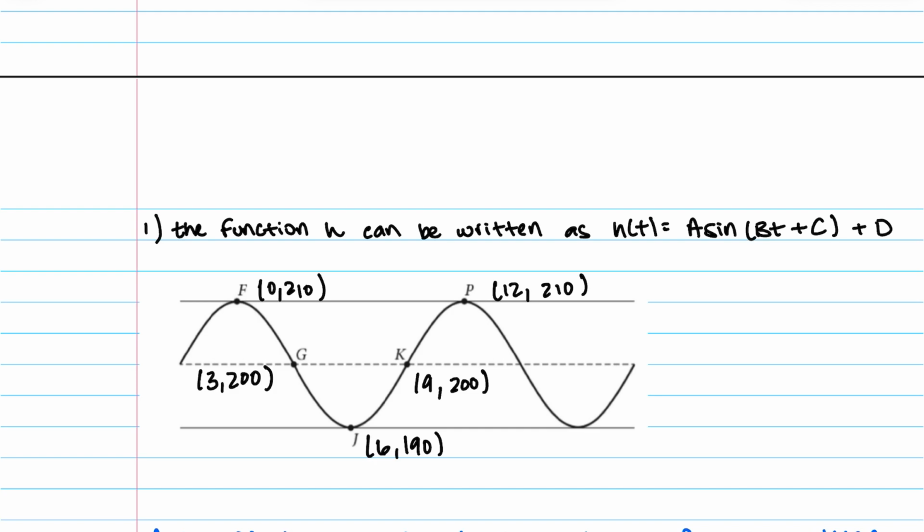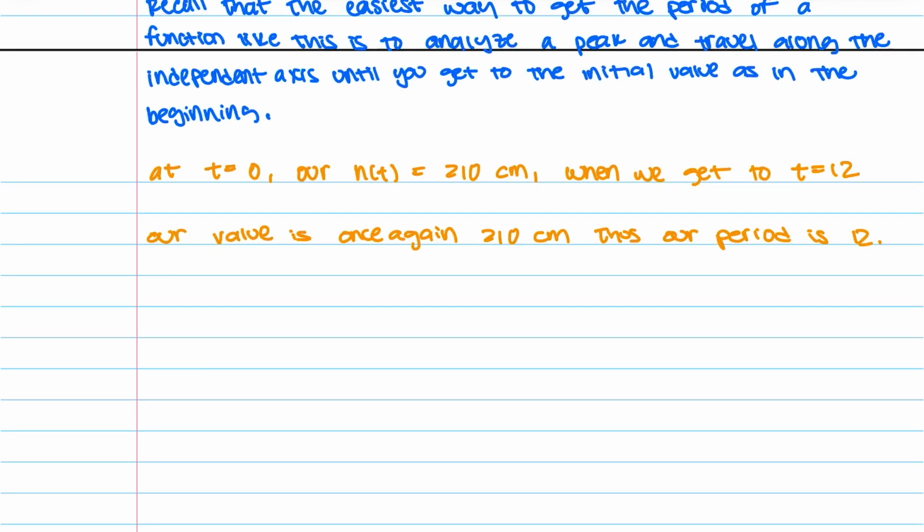As we travel along our independent axis, which in this case is time, we arrive at this point P, at t is equal to 12, the same as in the beginning, with a value of 210. At t is equal to 0, our h of t value is 210 centimeters, and when we get to t is equal to 12, our value is once again 210 centimeters. Thus, the period for this function is 12.